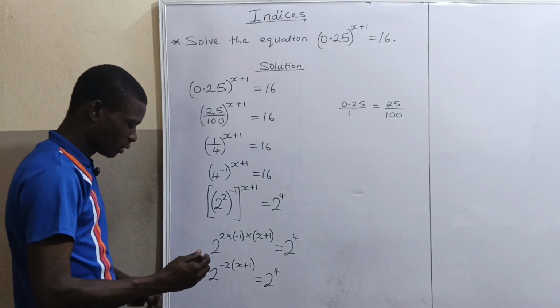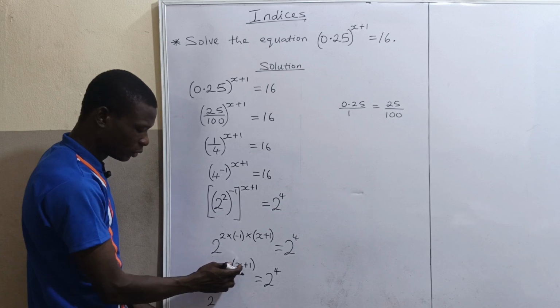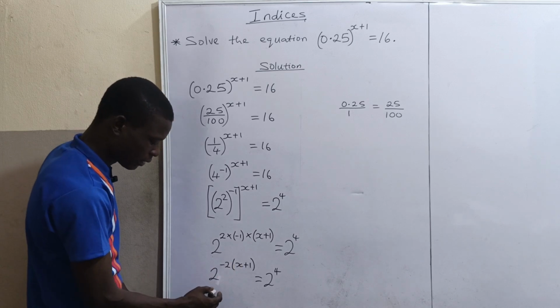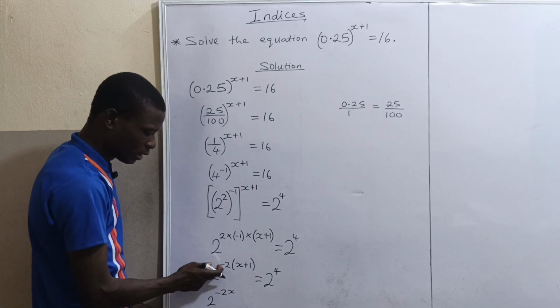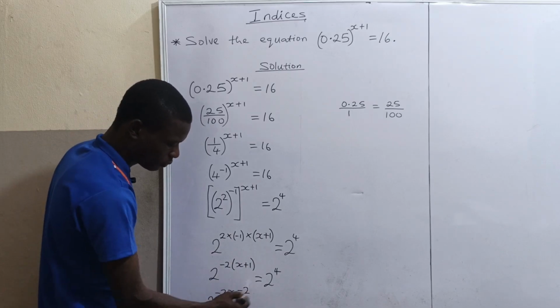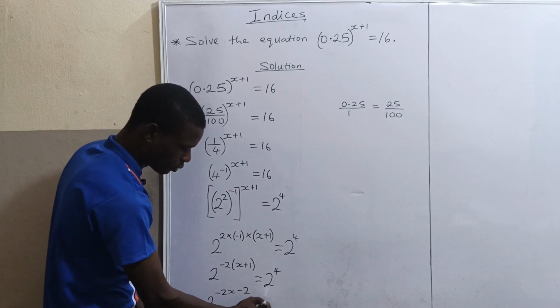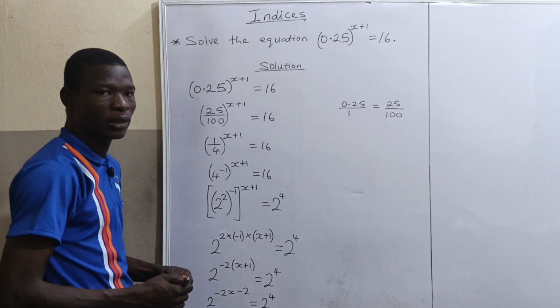Okay, so that becomes 2. Negative 2 times x is going to be negative 2x. Negative 2 times positive 1 is still going to be negative 2. And that's going to be equals to 2 to the 4th power.